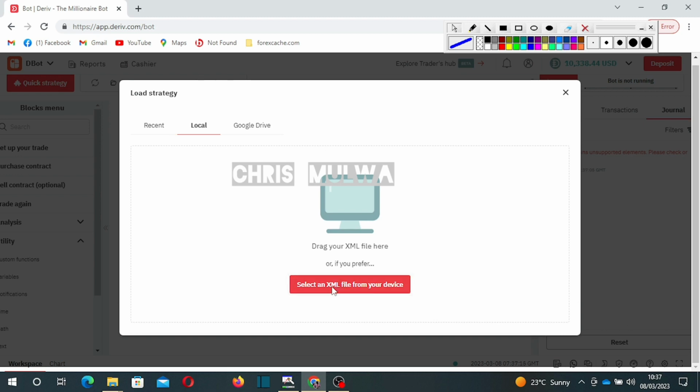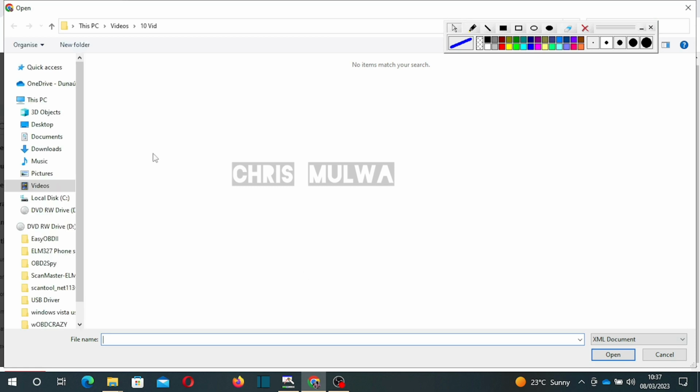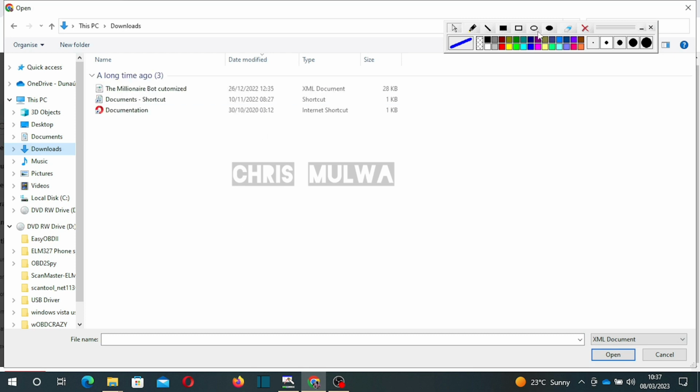So I go direct to computer, go to the downloads. So this is the bot that I want to import. This one, the Millionaire bot. This is what we are using today.